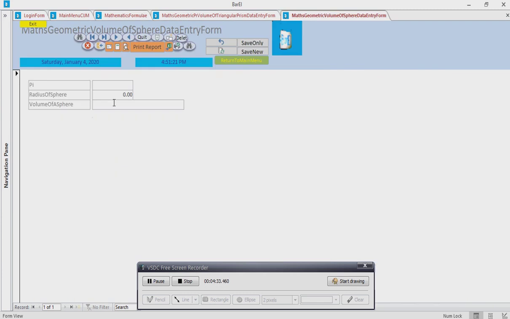Sphere: let us say the radius is 20, then that is the volume of a sphere.